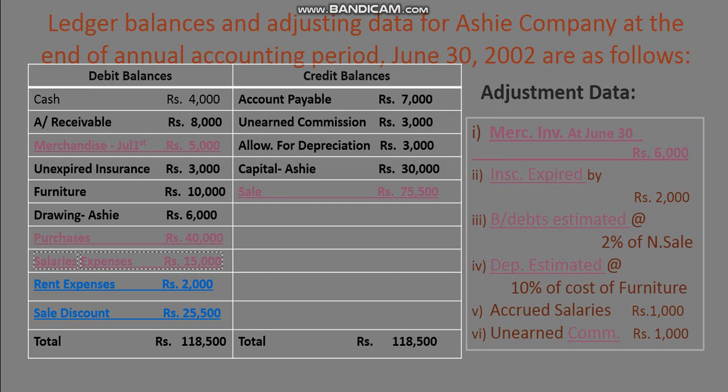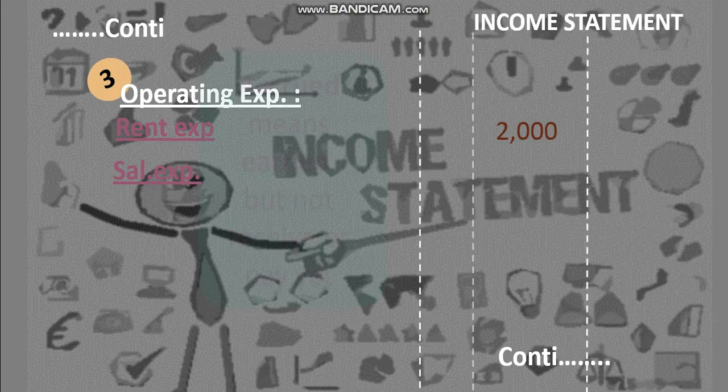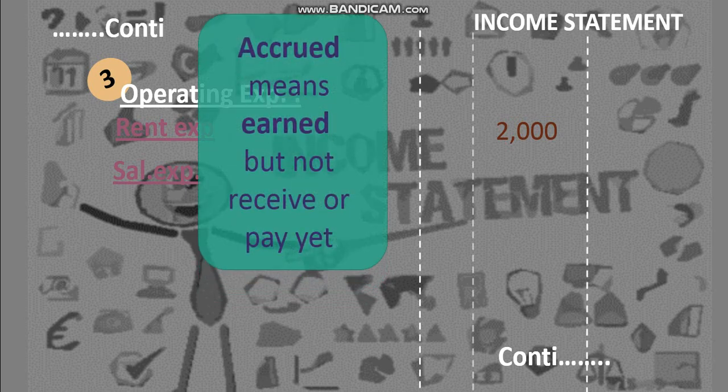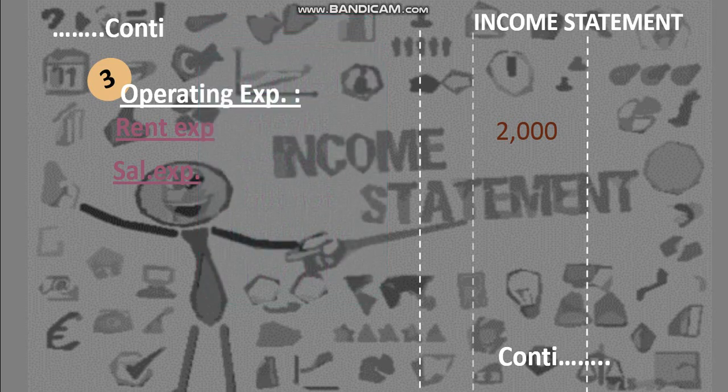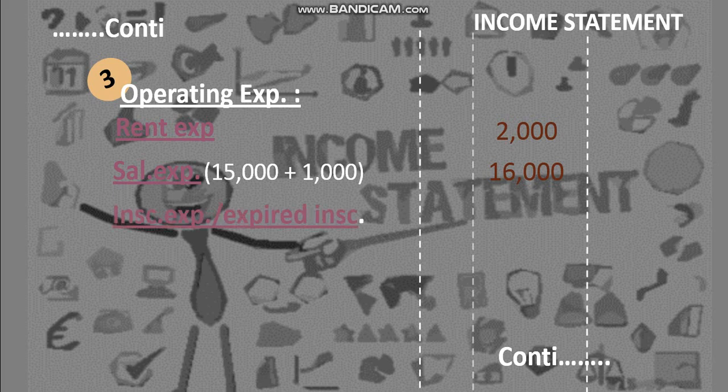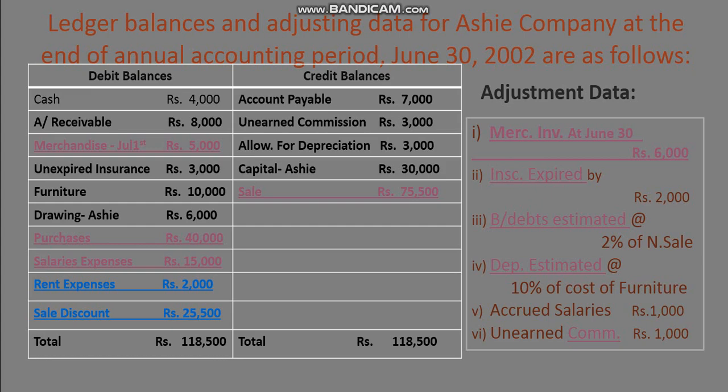Accrued means earned but not received or paid yet. Earned is considered an expense, so salary expense and accrued salary will be added, and it is 16,000, which we will write in the second column. Insurance expense or expired insurance.